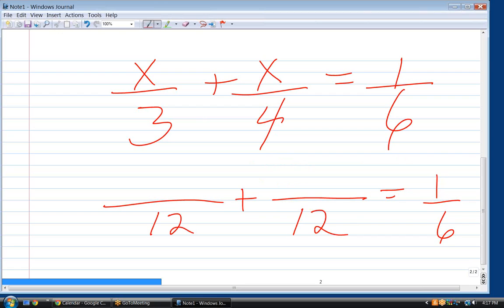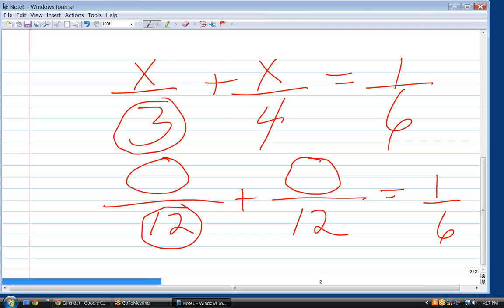Okay, so we've got our common denominator. Now I have to figure out what to put here and what to put there. Remember the method. Take this number, divide it into the common denominator, and multiply it by the numerator. And that's what goes there. So what do you get when you do that? 3 goes into 12 how many times? 4.